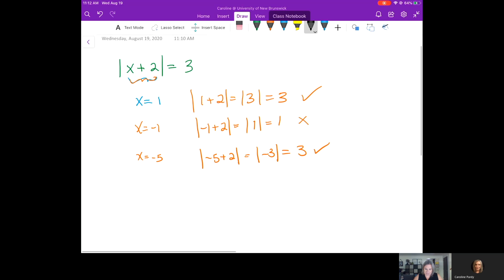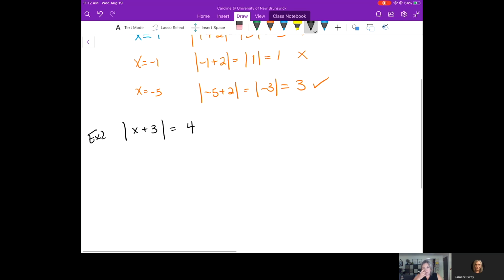Okay, let's change this a little bit. So this is example 1, and example 2 says the absolute value of x plus 3 is equal to 4. So there are two answers that work here.